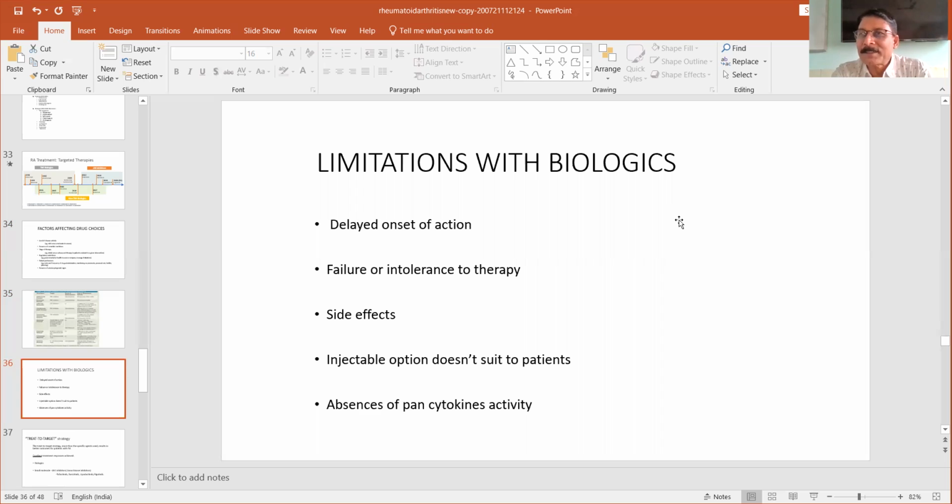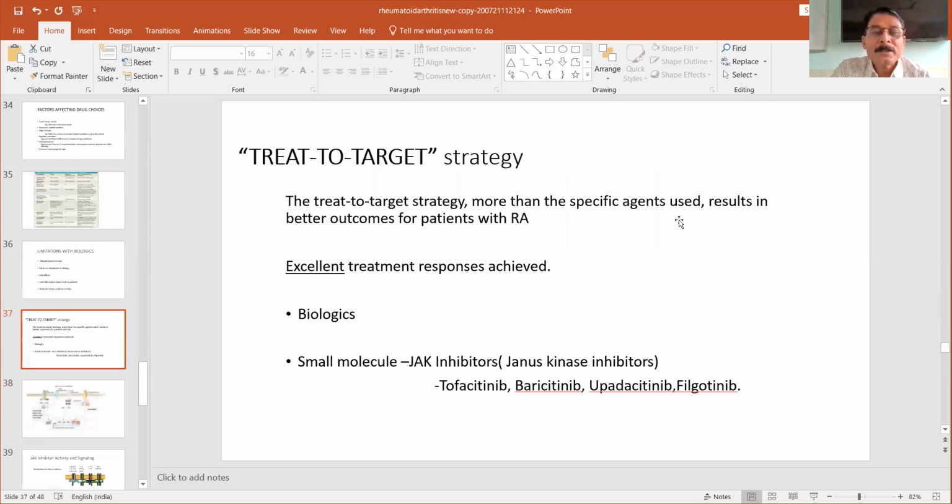In detail you are supposed to know which biologic works where. So if you are giving medicine, you cannot ensure that the patient will be a good responder to it, because certain biologics are antagonistic to certain peptides only. Understood my point?